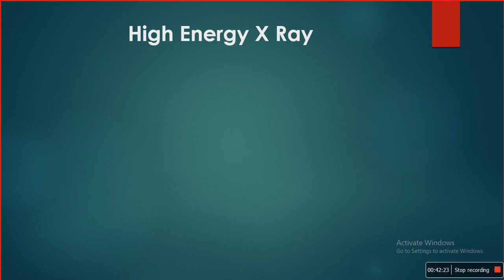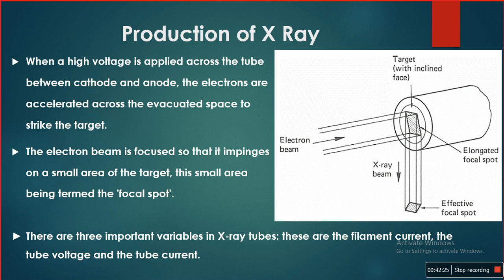According to these three, a change in filament current will alter the temperature of the filament, which will change the rate of thermionic emission of electrons. Means the filament current affects the emission of electrons.